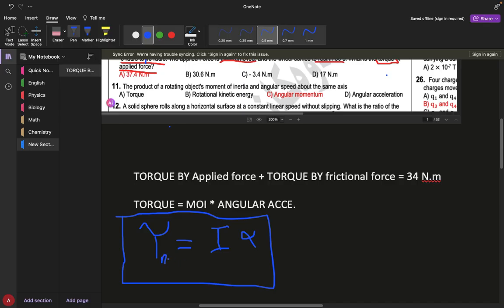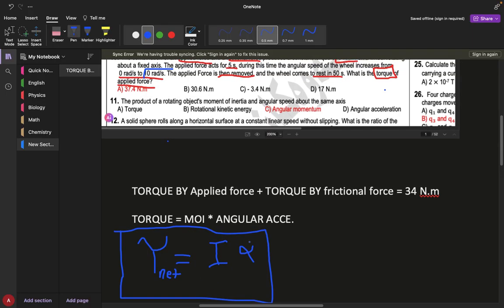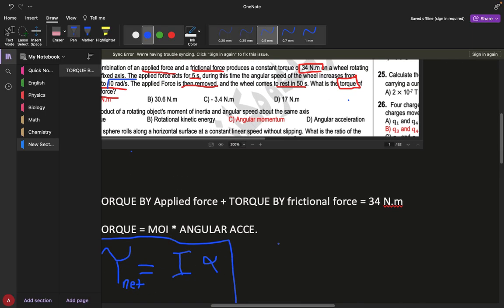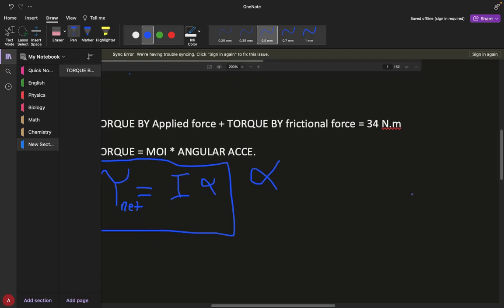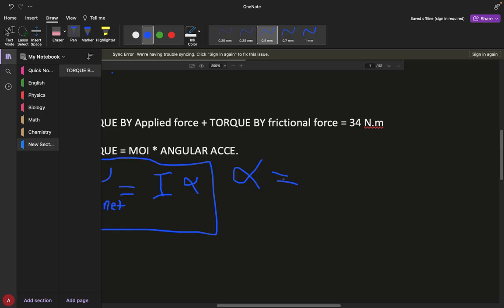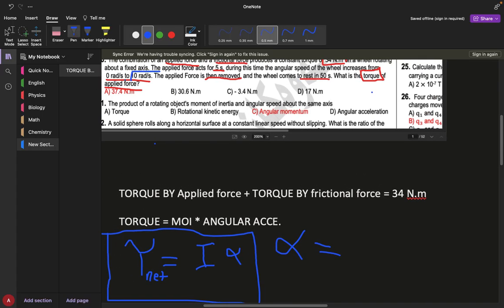Torque net equals moment of inertia times angular acceleration. Now, we can find angular acceleration twice, so let me find it for both of them. It says that it goes from 0 rad/s to 10 rad/s.